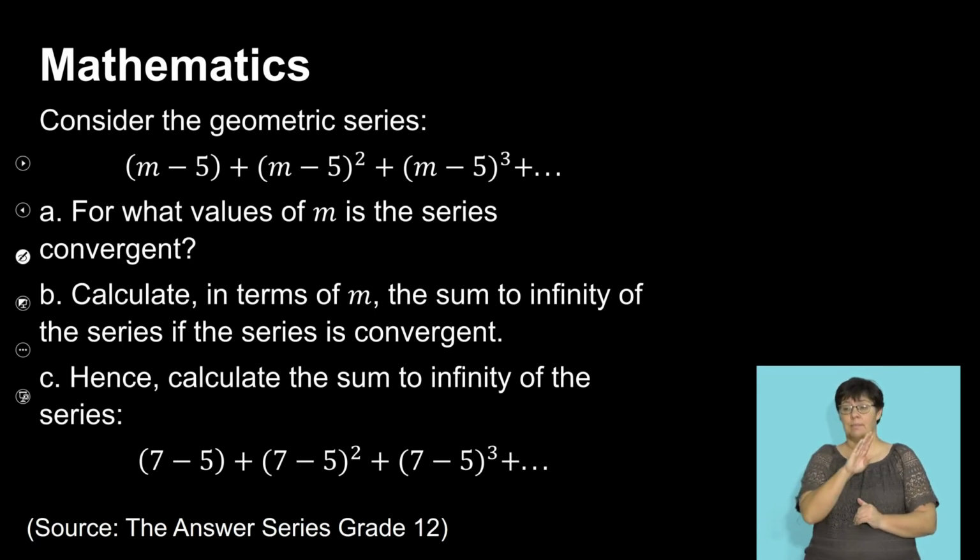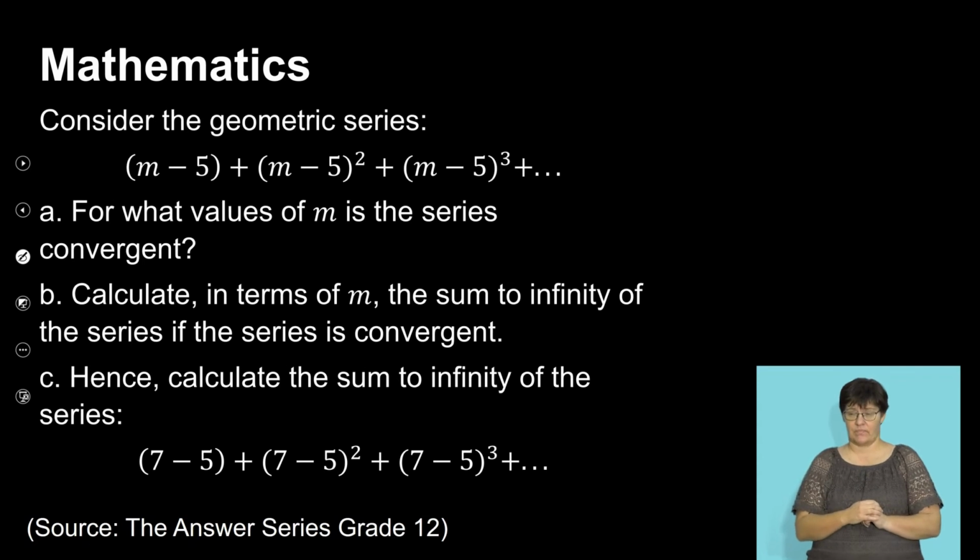B is asking me to calculate in terms of m the sum to infinity of the series if the series is convergent. And hence, for number C, we need to calculate the sum to infinity of the series 7 minus 5 plus (7 minus 5) squared plus (7 minus 5) cubed.